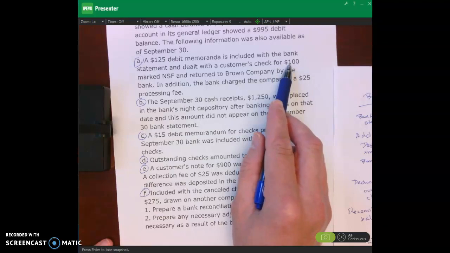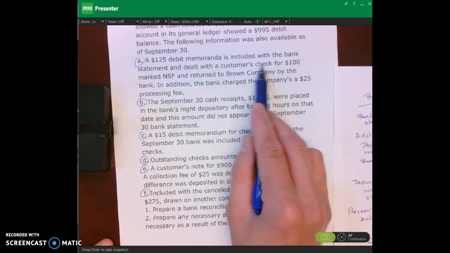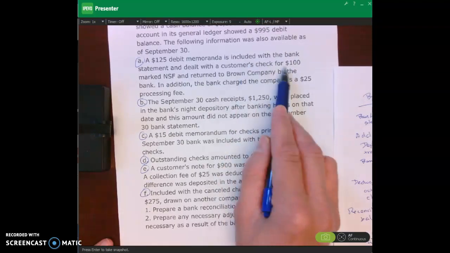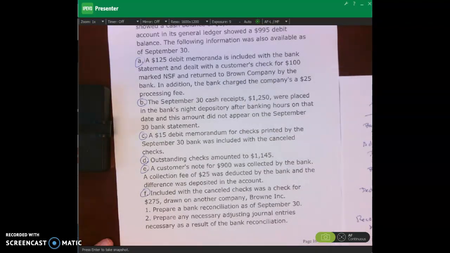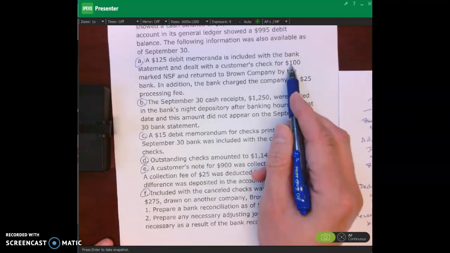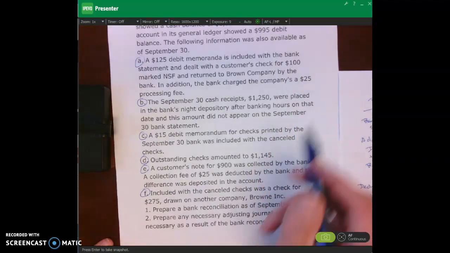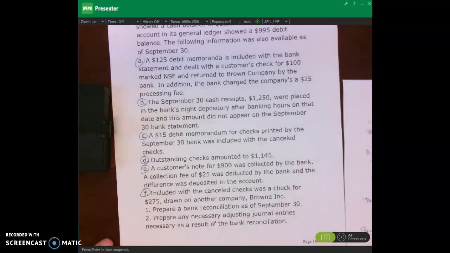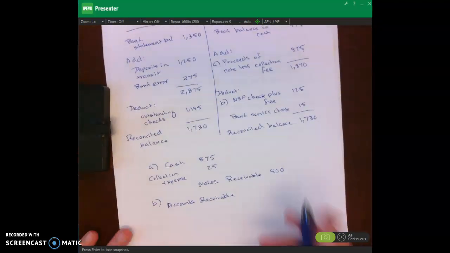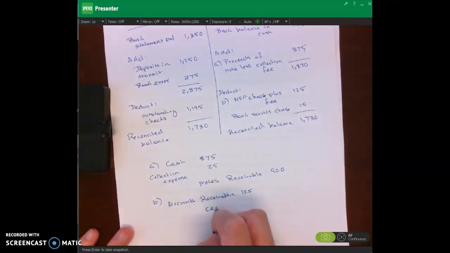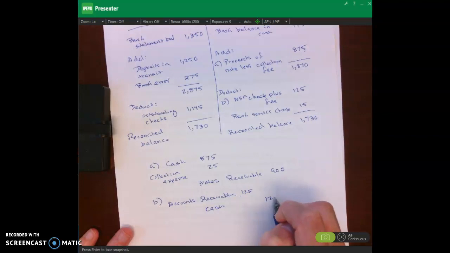And so what we did is we debited cash, credited accounts receivable, and then the bank said, no, the check did not clear because the customer didn't have enough money. Now what we actually have to do is reinstate that accounts receivable, but not just for 100, but for 125, because we're going to go back to the customer and say, you also owe us this non-sufficient funds processing fee. So we debit accounts receivable for 125, and then we credit cash for our 125 right over here.